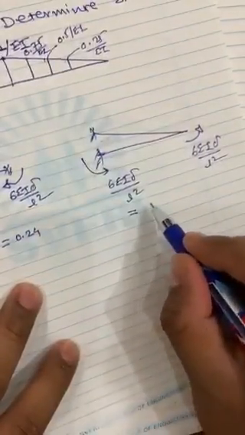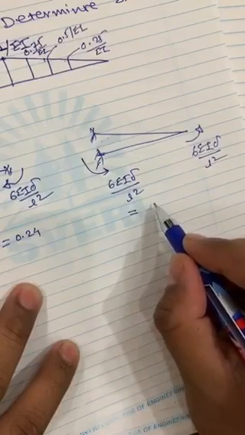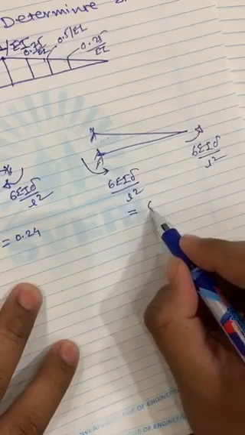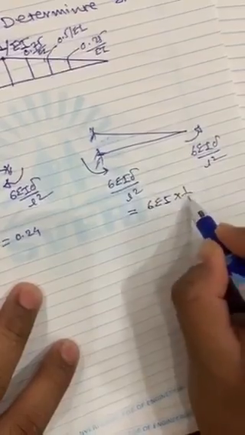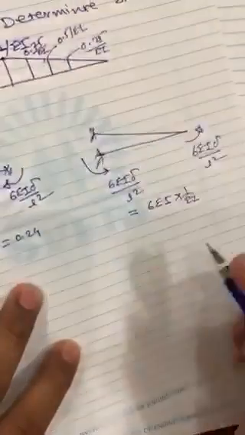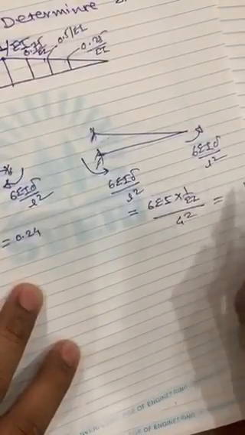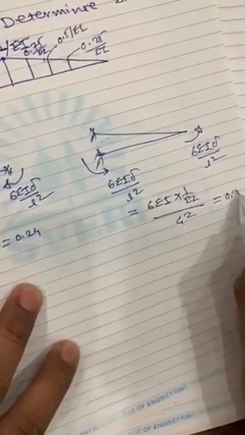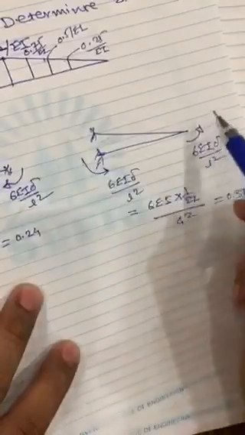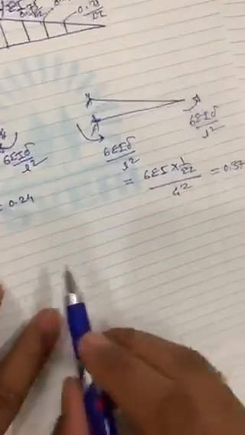So the fixed end moments generated will be 6 EI into 1 by EI, divided by 4 square. If you put that, you will get 0.375, and please understand they are going anti-clockwise, that's why negative.